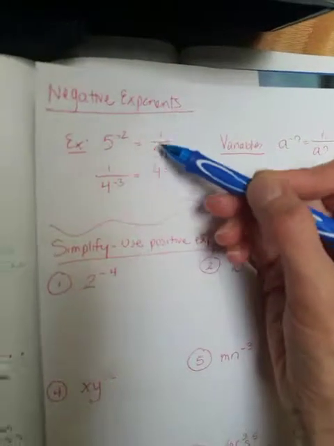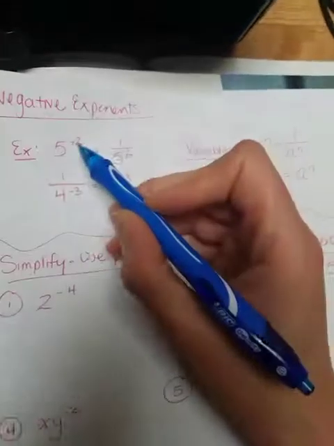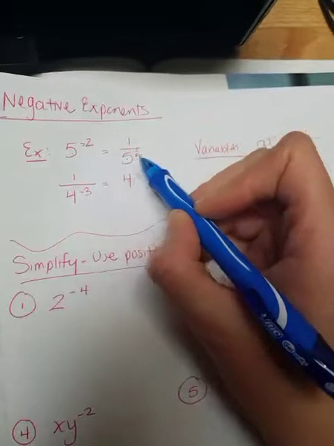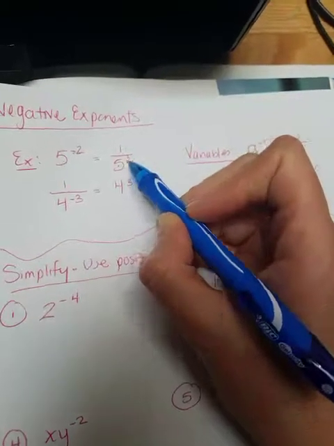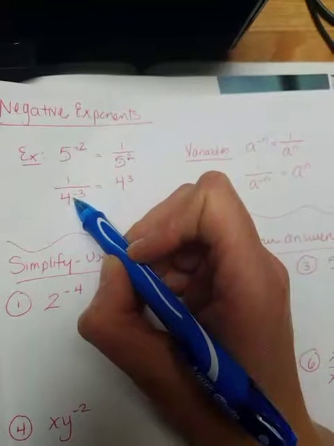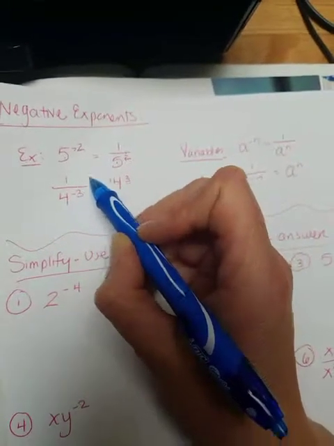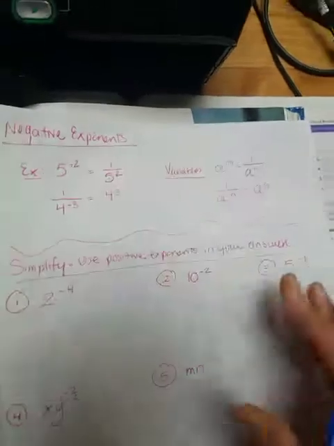If you can just look at these two examples, a trick that we talk about is if the base is to a negative exponent, to make it positive, you bring it down into the denominator and that changes it into a positive exponent. If it is in the denominator with a negative exponent, you bring it up to the numerator and that makes it a positive exponent.